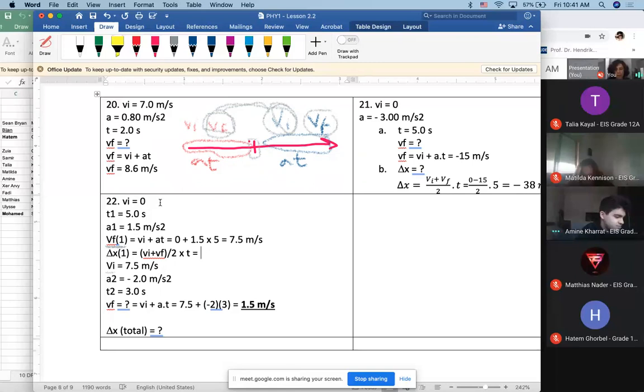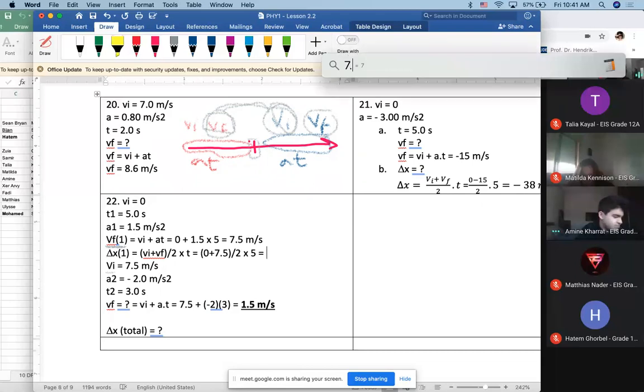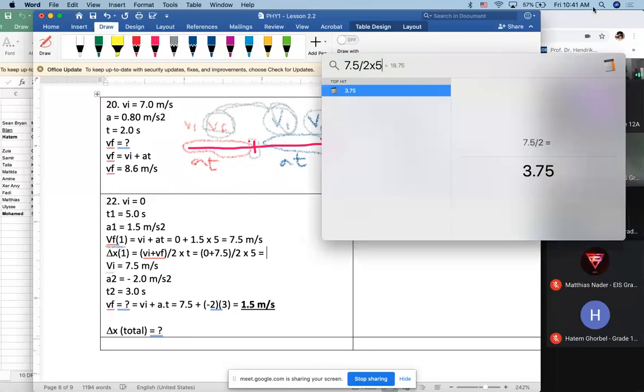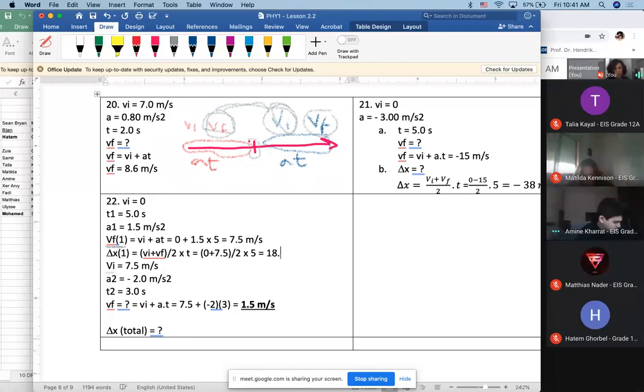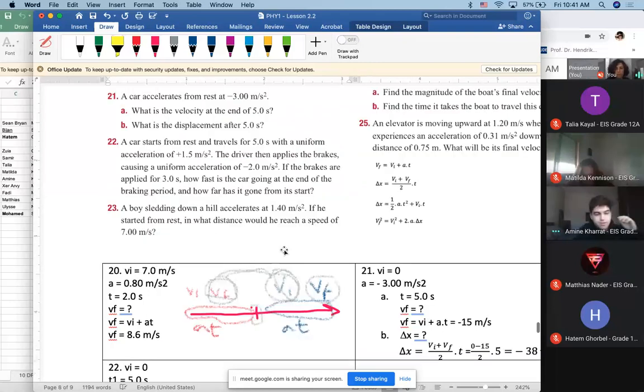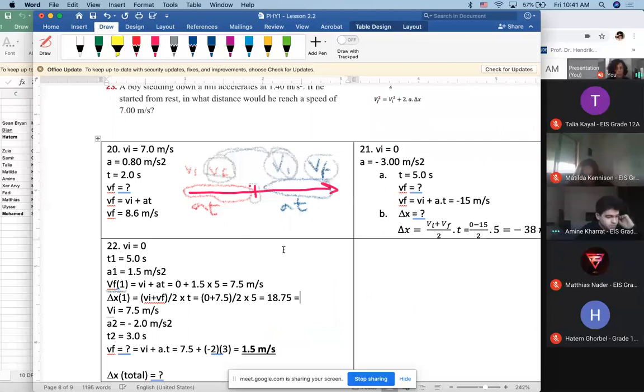I'm gonna add 0 and 7.5, so 0 plus 7.5, and then divide the whole thing by 2, then multiply the time. Divided by 2 times 5, the answer is 18.75. I need 2 sig figs. Number 22 is all 2 sig figs, so I'm gonna round it to 19 meters.